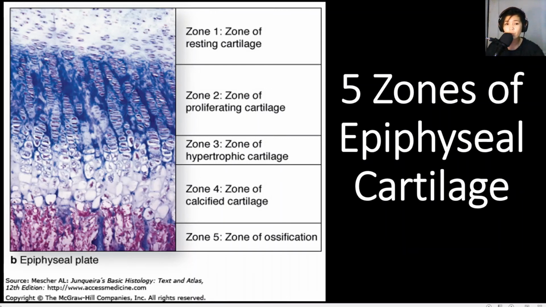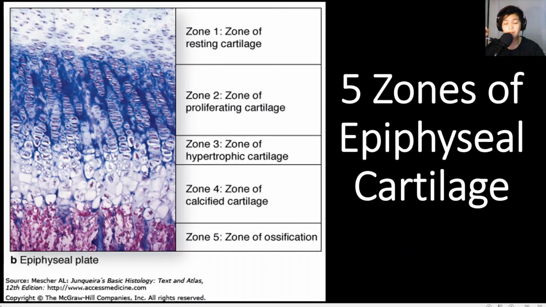The third zone is the zone of hypertrophic cartilage, in which the chondrocytes are enlarged and rounded due to the accumulation of glycogen from the resorbed matrix. Then the fourth zone is the zone of calcified cartilage, in which there is calcification of the cells due to the deposition of hydroxyapatite.